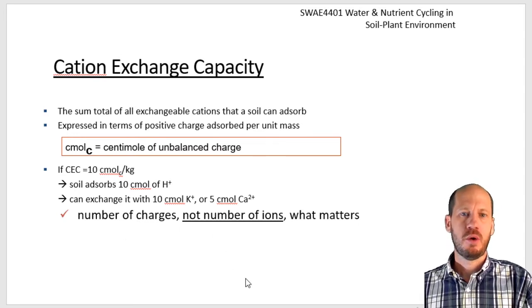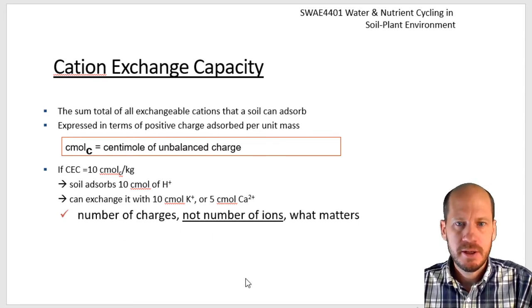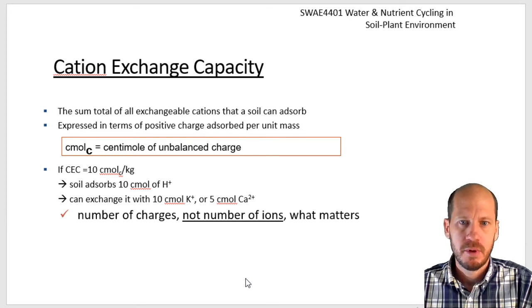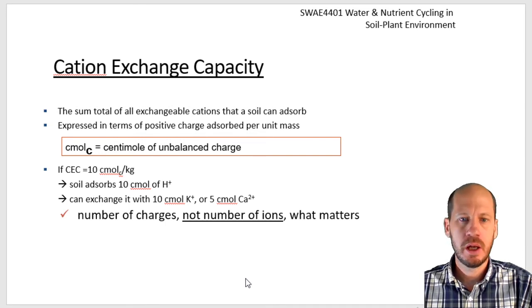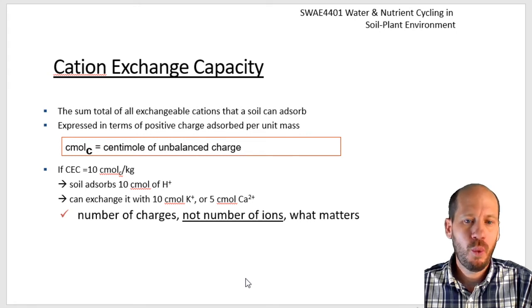So we come to this concept that the solid phase of the soil by itself, all the colloids added together, if you sum up all the charge that the soil possesses, all the charges together, they account for the cation exchange capacity. The cation exchange capacity is the number of charges. It's equivalent to how much charge you have on the soil.